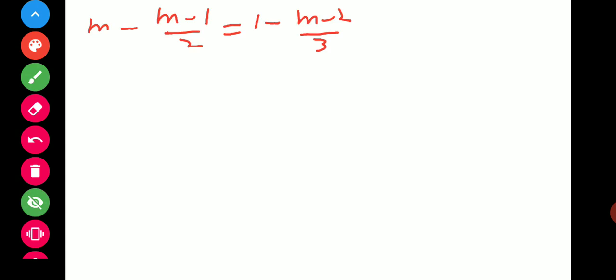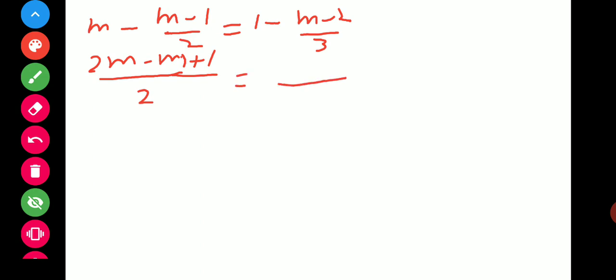The question is here. Now we can solve this question. How can we solve this question? Now taking their LCM. So LCM is 2. So we can write 2 here. It becomes 2m and here is minus m plus 1, because it is working as a bracket also.